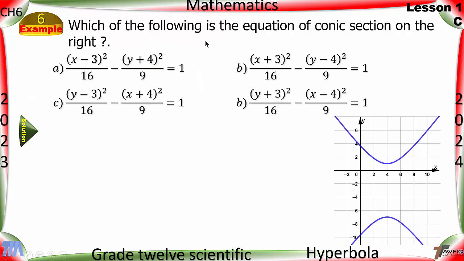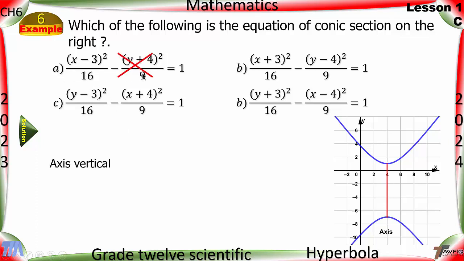Which of the following is the equation of the conic section on the right? Here, as you can see, the focal axis is vertical, so y squared must be positive.